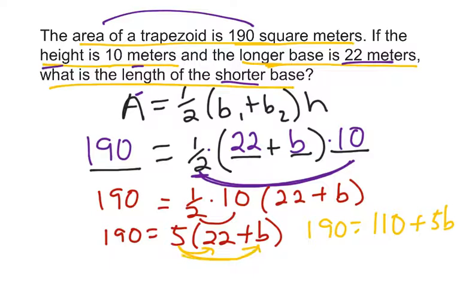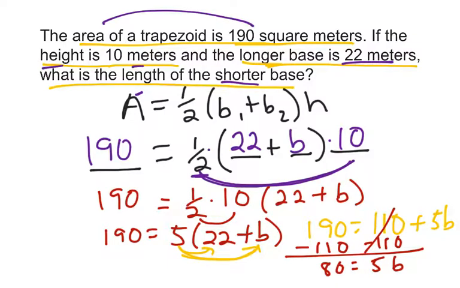Remember, distributive property. Then we can subtract 110 from both sides, because now we have a more simplistic algebra problem. And that gives us 80 equals 5 times b.